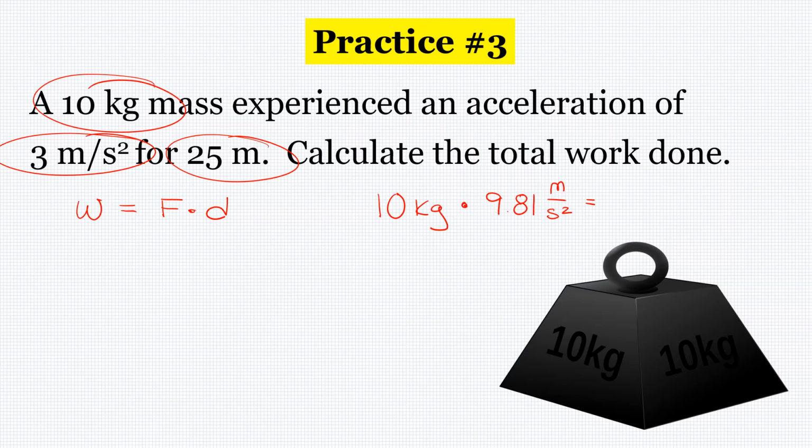Okay, and that is going to give us a total of 98.1 newtons of force. So just like when we went up the stairs in the stair lab, we converted our body weight to a mass, and then we used that mass in our force calculations.